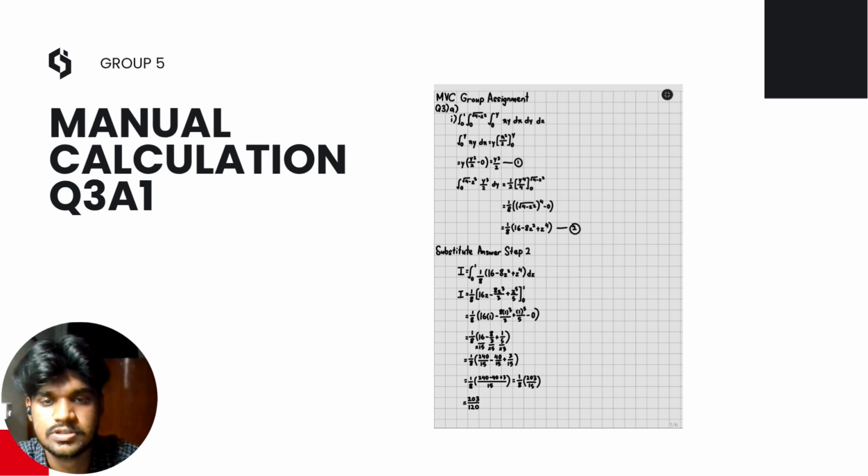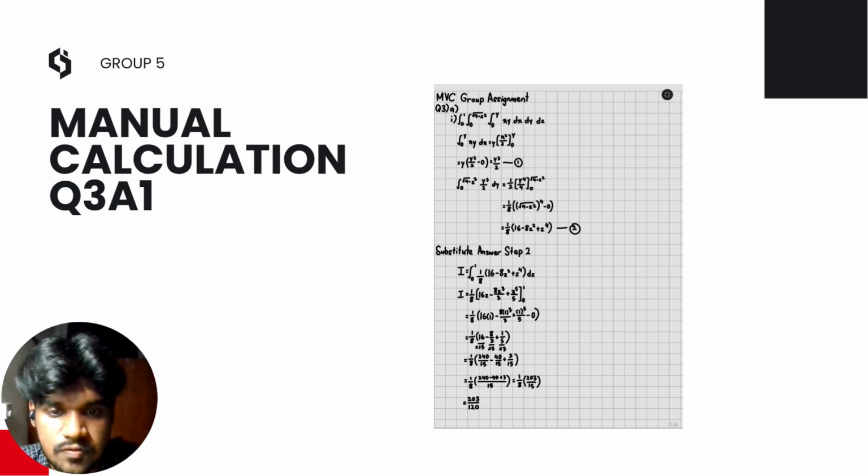Okay, the next question is question 3a1. This is the question for the triple integral in Cartesian coordinates. We need to solve step by step for x, y, z. First, we integrate xy with respect to x. After that, we solve the integral in y.